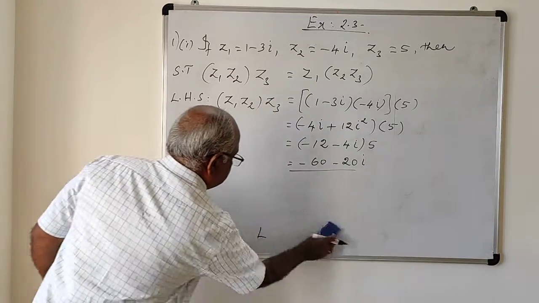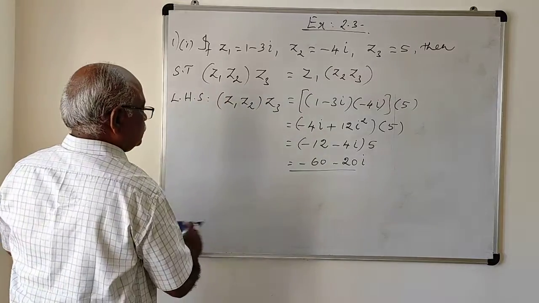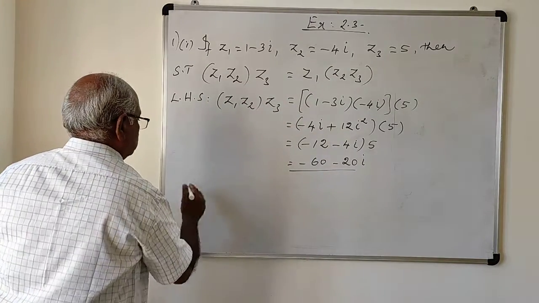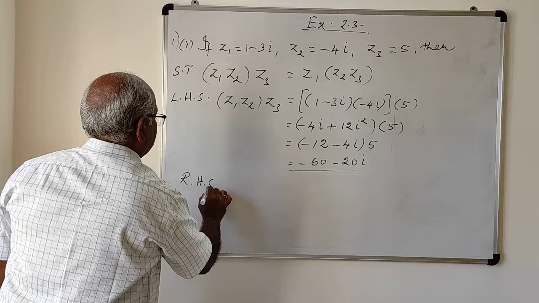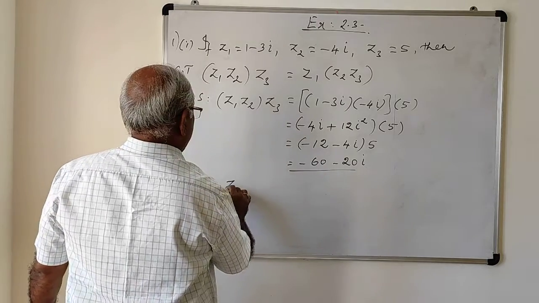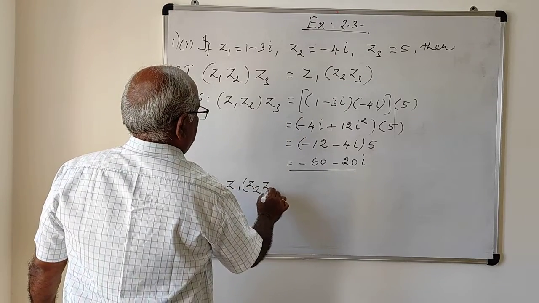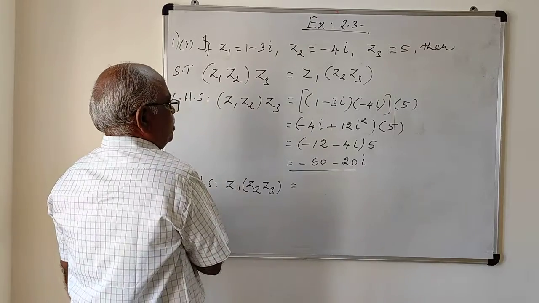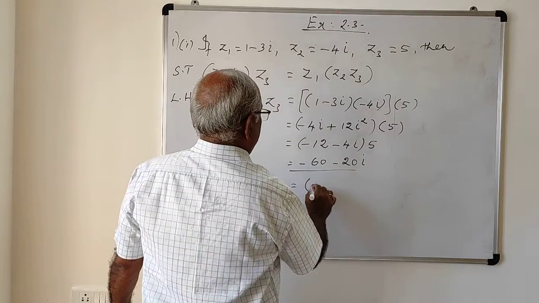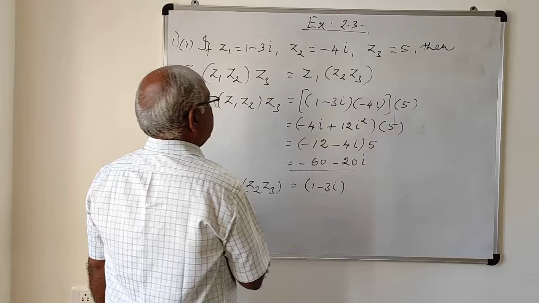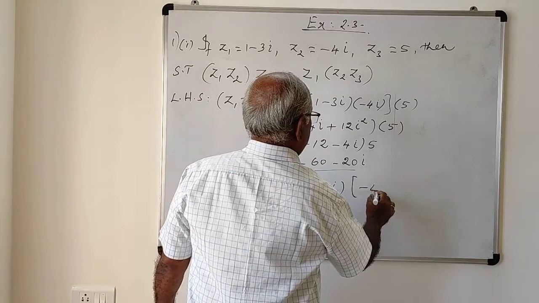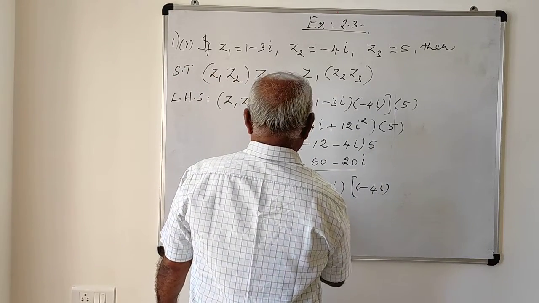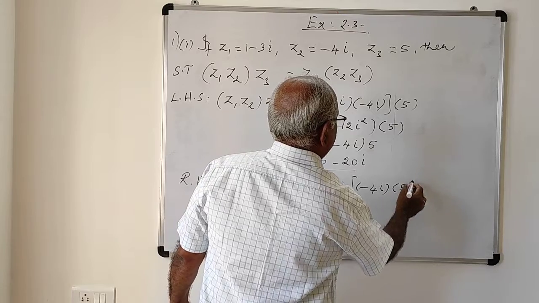Right hand side: z1 into (z2 into z3). z1 is 1 minus 3i, into z2 minus 4i, into z3 5.